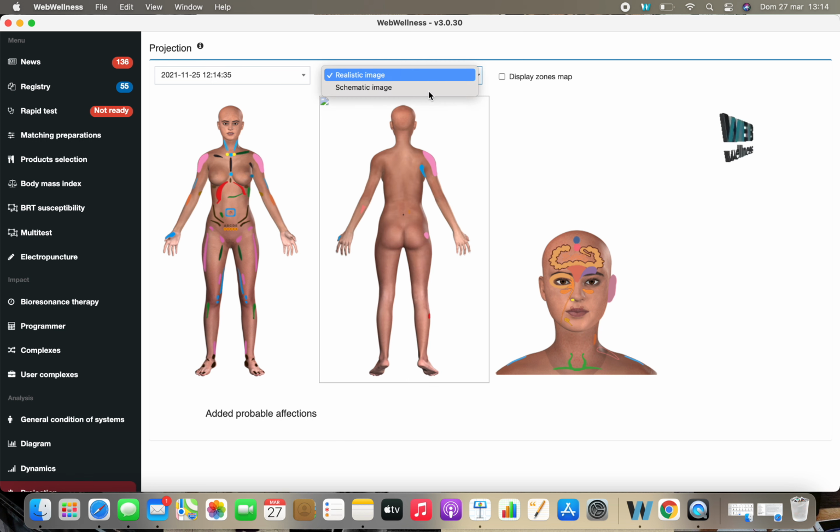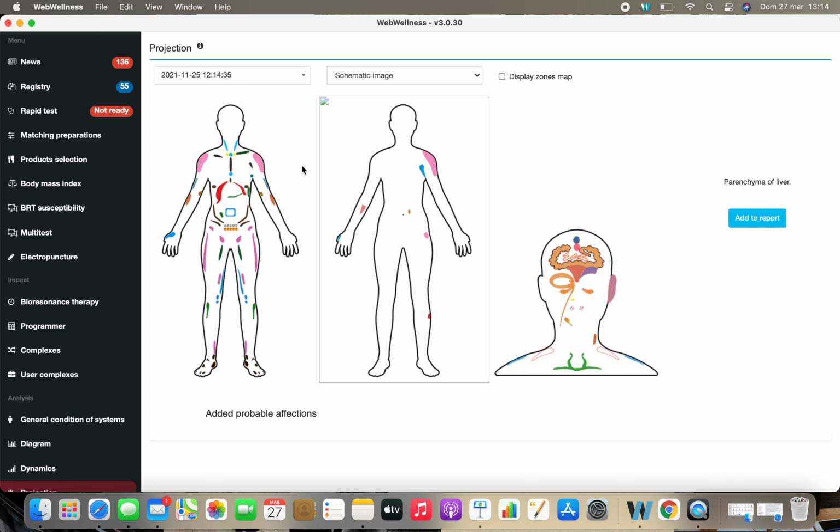It can be a realistic image or a schematic image, right? In this case, this is a female patient. And the projection means basically if you click on it, it will show you the organs. Probably my internet connection is not very good at the moment.